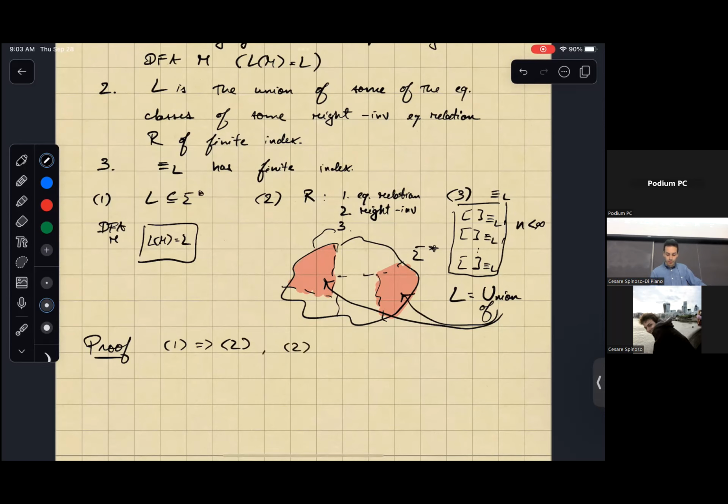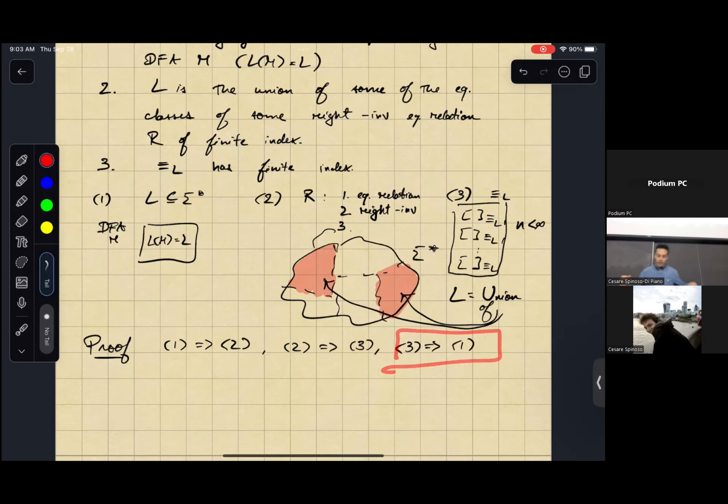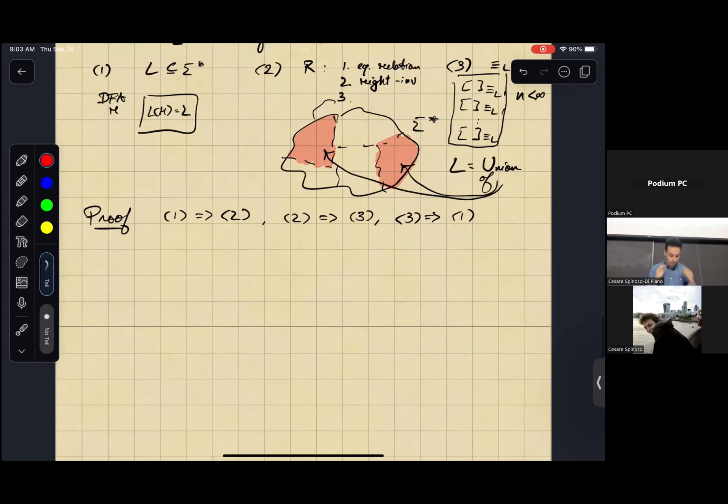Then I'm going to prove that 2 implies 3. And then I'm going to prove that 3 implies 1. And there's a particular reason why I'm doing it this way, because in the proof of 3 implies 1, there's a very remarkable result that I'm going to talk about later. Okay. So let's do the first proof. So the proof of 1 implies 2.